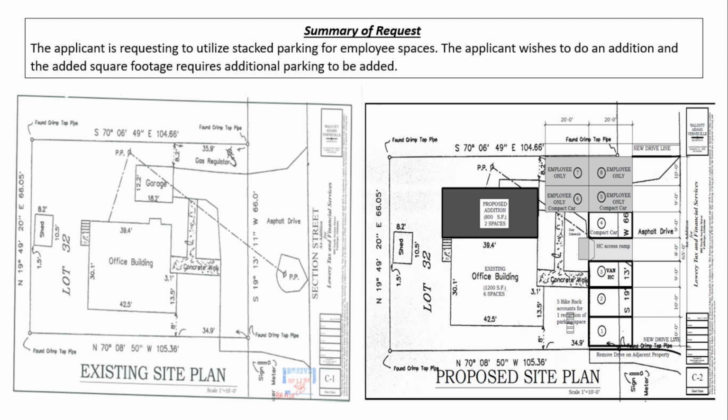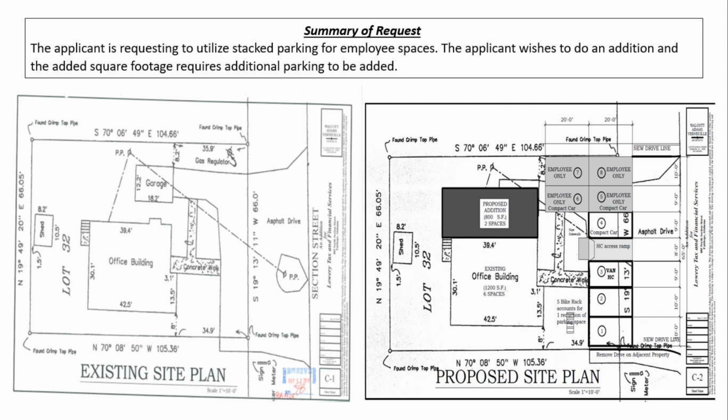Just to clarify, if we look at the drawing, staff recommends the double parking be for the employees only who work there. The other spaces, which include a compact car space, the handicap van aisle, an access ramp, and two other full-size spaces, will be utilized for guests. It's an accounting firm, so it does not have a high intensity of use, not a lot of come and go traffic.